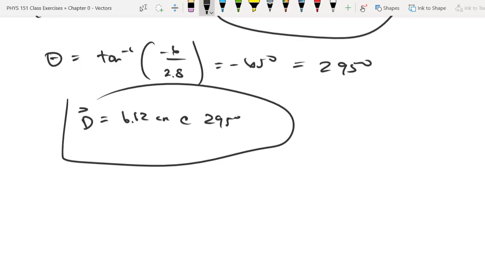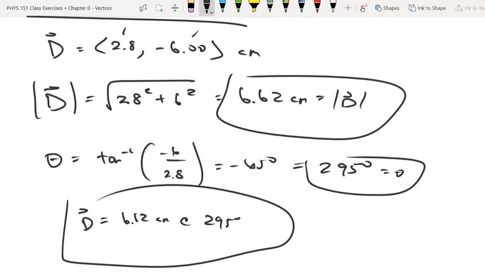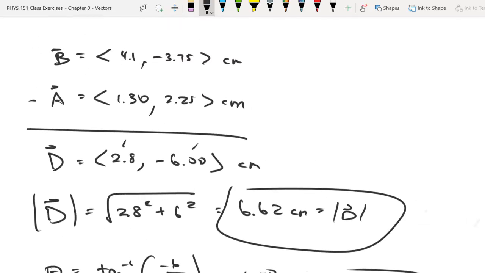Either way. This equals theta, which is really what was asked specifically. If you put them both together like this, I'm perfectly fine with that because you're given the answers. So that's part D put together. Okay.